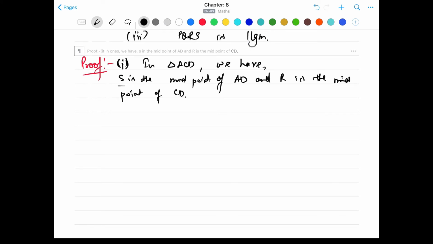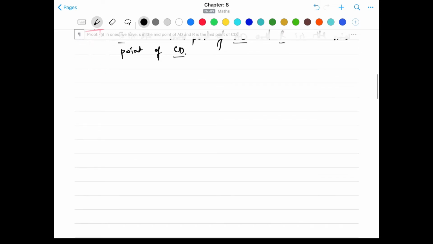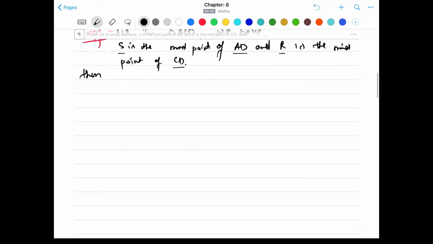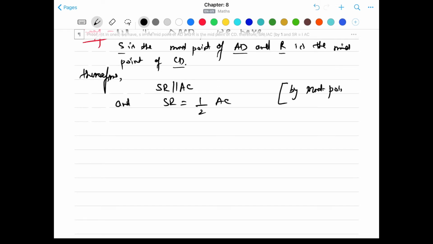So we got two midpoints, S here and R here, which are the midpoints of sides AD and CD respectively. So we got this triangle in which S and R are the midpoints of the sides AD and DC. Therefore, directly applying the midpoint theorem, the side SR will be parallel to AC and SR will be half of AC, and this is by the midpoint theorem.